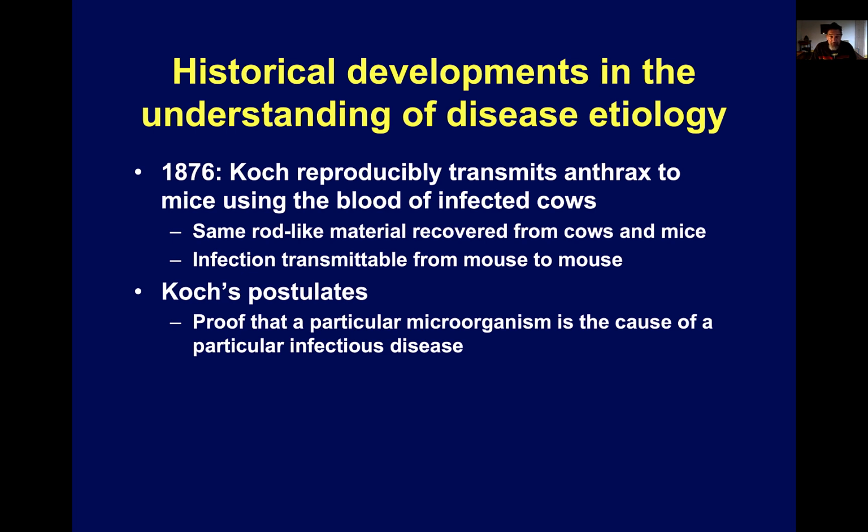And subsequently, the Henle-Koch postulates were developed and used to provide proof that a particular microorganism is the cause of a particular infectious disease. And these were later generalized to assess the level of evidence for causal associations in epidemiology.